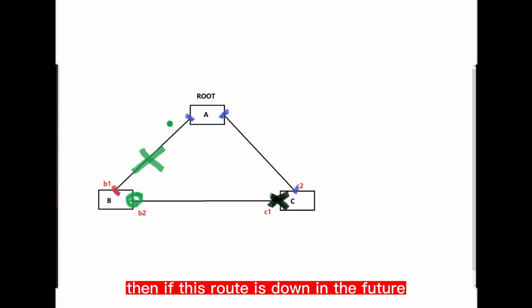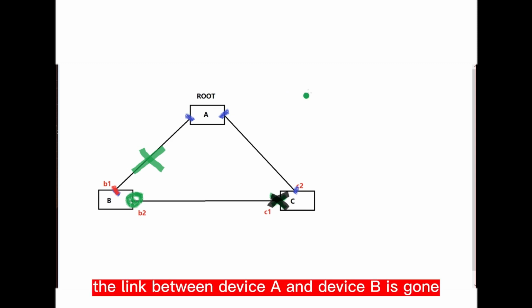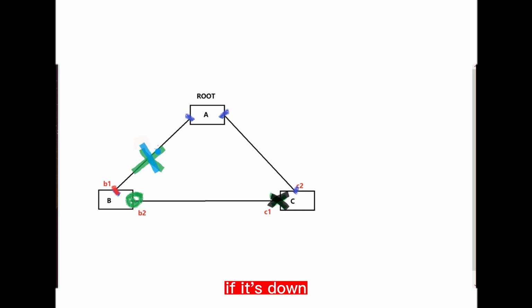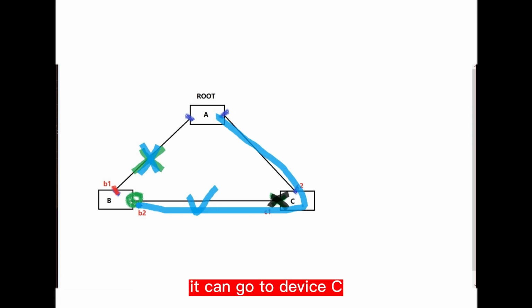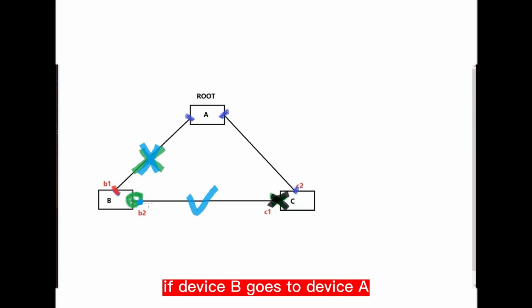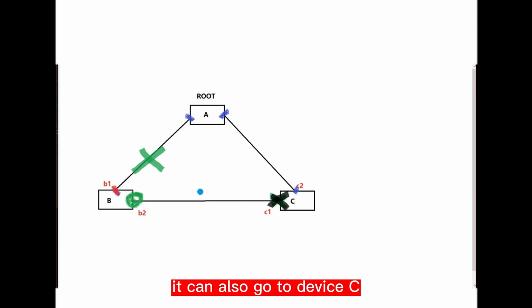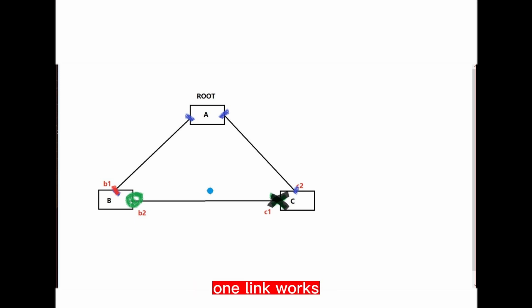Then if this route is down in the future, the link between device A and device B is gone, this link will forward. So now if device A goes to device B, it can go through device C. If device B goes to device A, it can also go through device C. So it is equivalent to our daily situation: one link works, one is blocked.